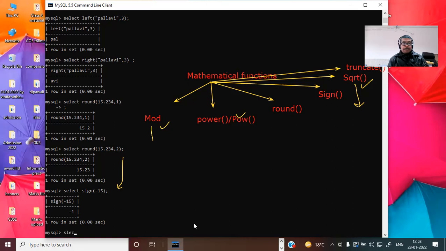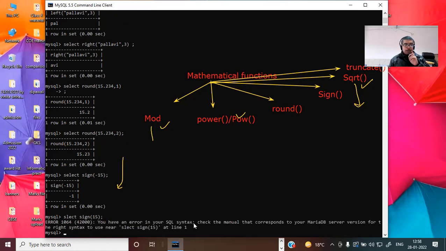Now suppose I have written select sign 15. You see here what it will... oh, again an error. Who will say what the error is? Let's learn from the error. Please raise your hand.